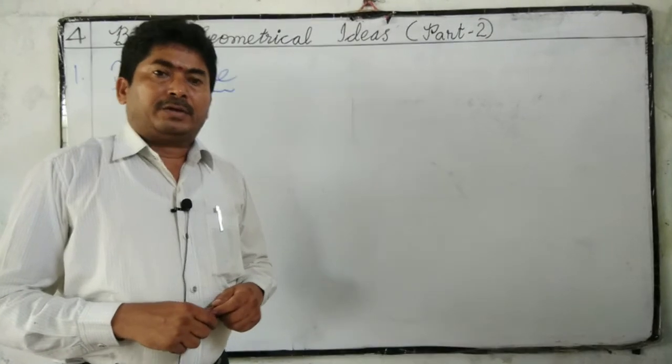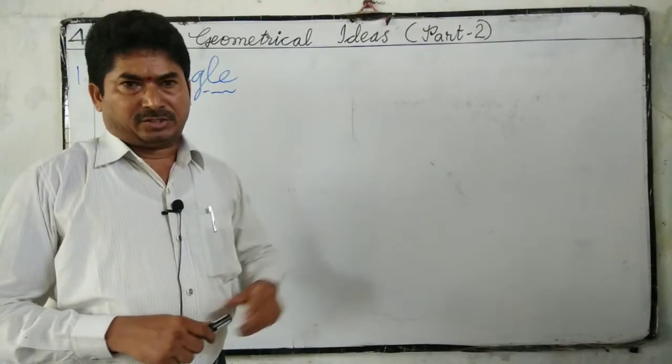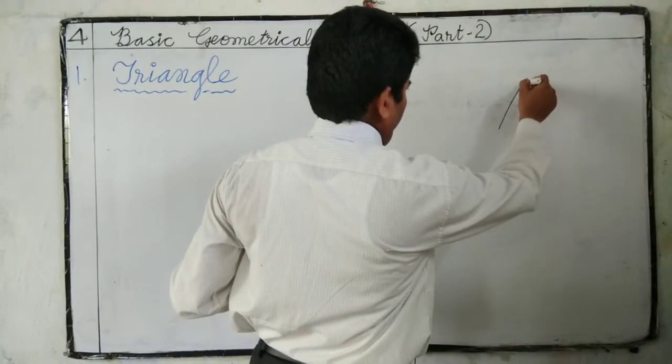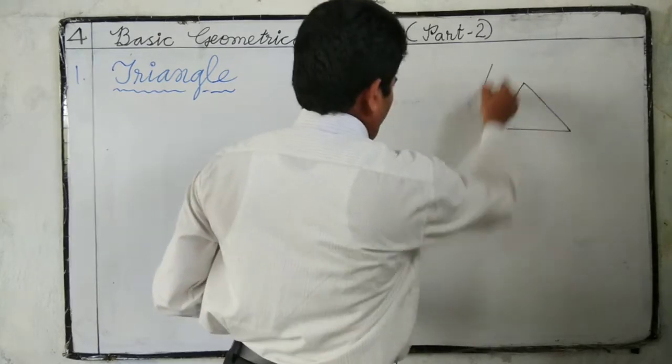A triangle divides the plane into three parts. This is a plane.